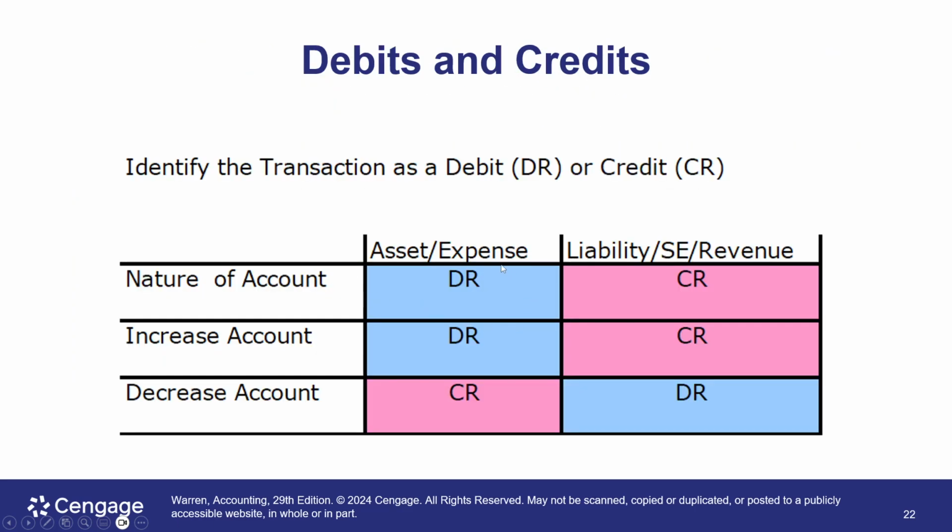When we think about debits and credits, especially when we get into T accounts, debits go on the left and credits go on the right. So we can think of debit as left and credit as right. Let's go to increase first. We increase an asset with a debit.